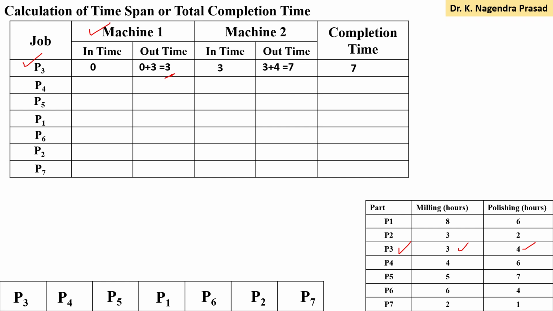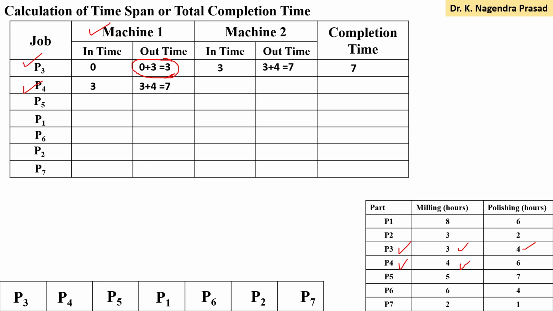So next job is P4. For P4, in time is the out time of the previous job, that is 3, and out time is 3 plus 4 which is equal to 7.